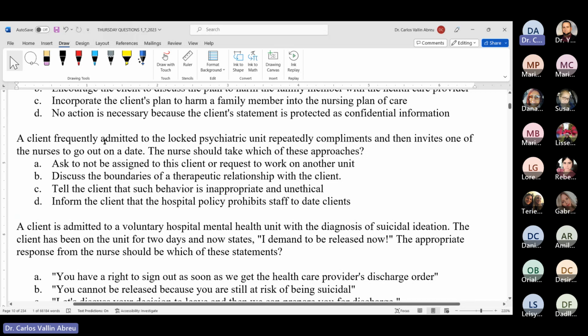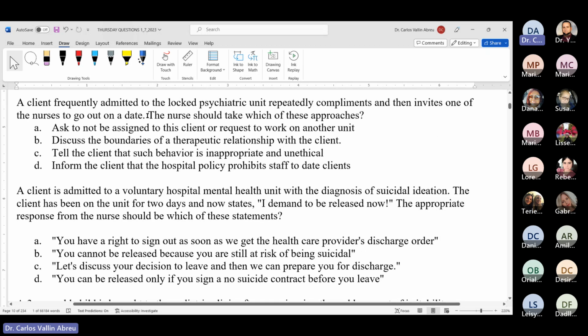A client frequently admitted to the locked psychiatric unit repeatedly compliments and then invites one of the nurses to go out on a date. The nurse should take which of these approaches? Okay, so the client is the nurse's patient, no?